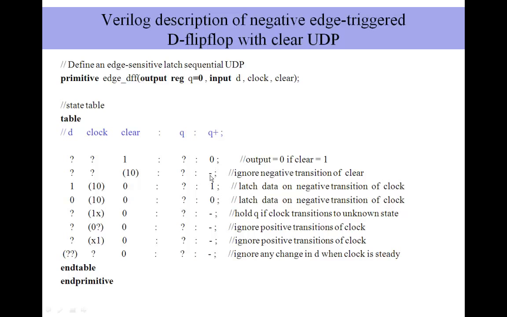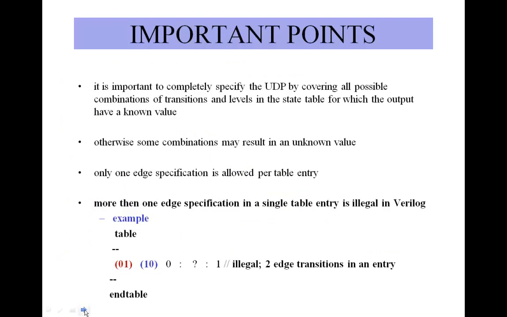This dash is a previous state, whatever the previous state is, in that no change. So this is valid here. So all possible cases we have to cover. If we don't cover all possible cases, then this output will be an unknown state. So otherwise some combinations may result in an unknown value.